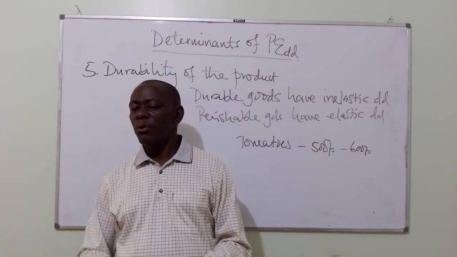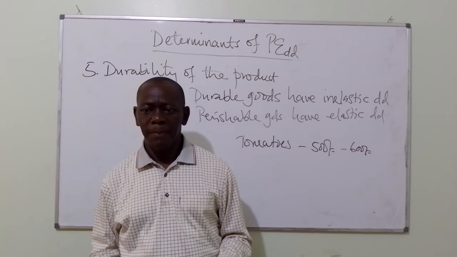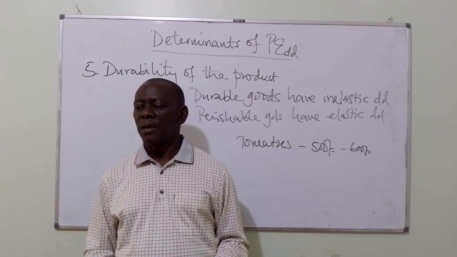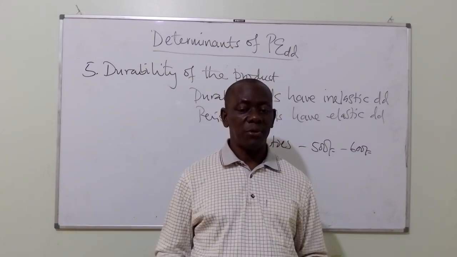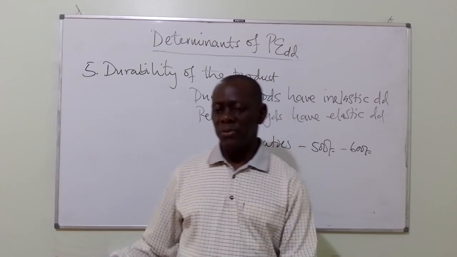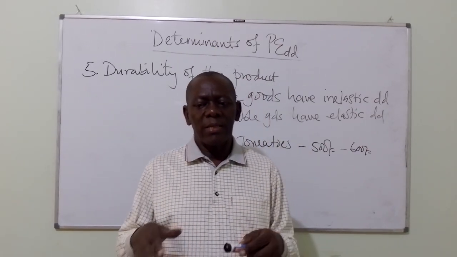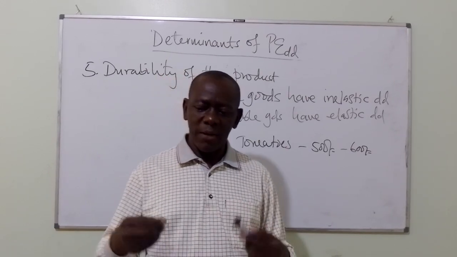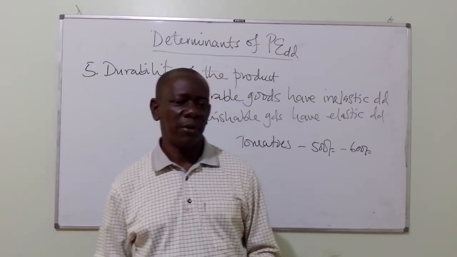You don't buy matoke that will last for 2 weeks. No. You will not buy mangoes which will last for 2 weeks, or pineapples. These are perishables. So a slight change in the price will not encourage the consumer to buy more, because they cannot be consumed at a go. At the same time, you cannot keep them for a long time.